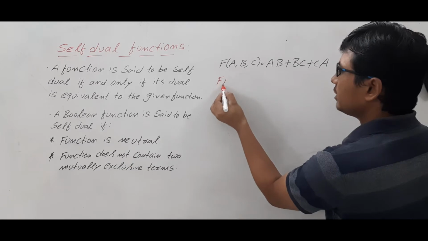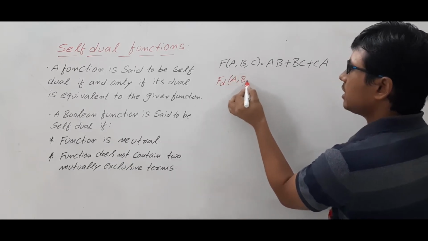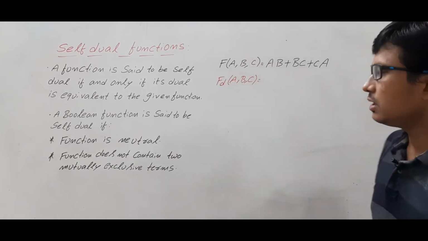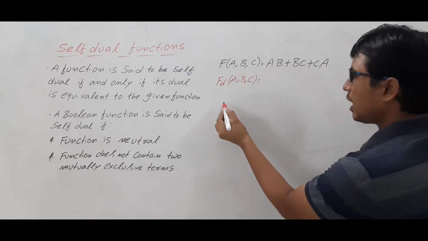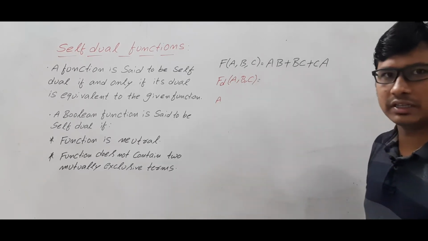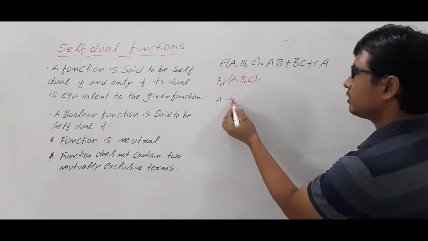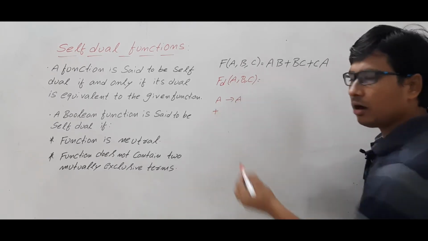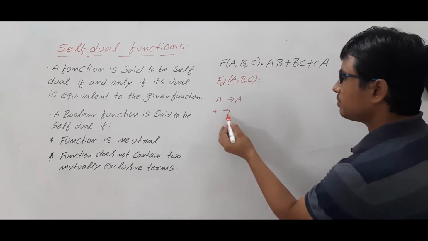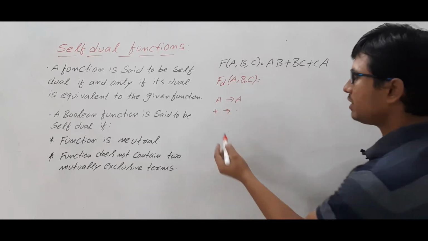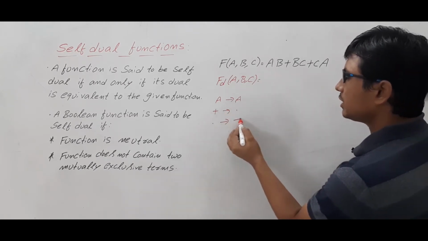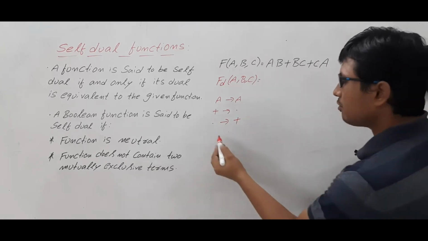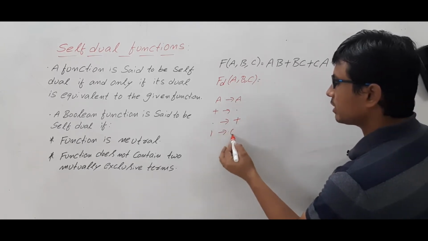Already in the earlier video I have discussed how to find the dual. If you have a variable or a literal a, it will be a only in the dual also. If you have or, in the dual it will become and. If you have and, in the dual it will become or. If you have a constant 1, it will become 0.